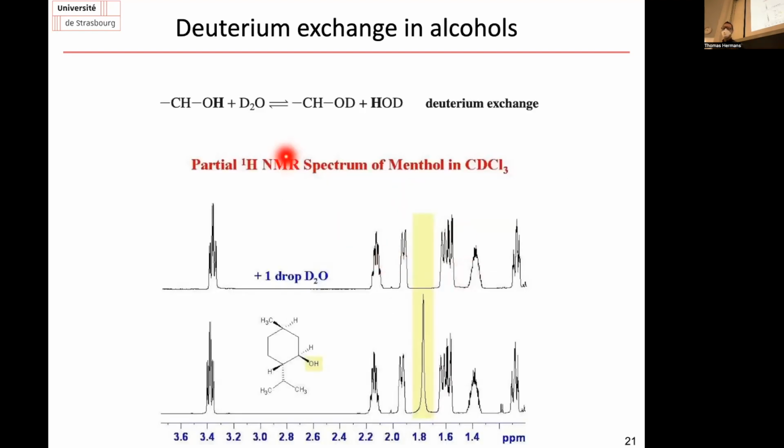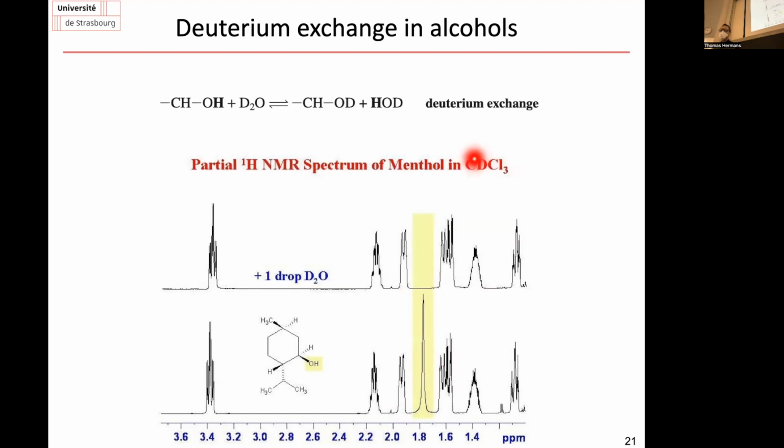And there's another weird thing. Alcohols have hydrogens that are slightly acidic, right? So they can actually be removed and they can be replaced. So if you have, for example, this molecule here, and you have the alcohol group here, which gives you a big singlet here.